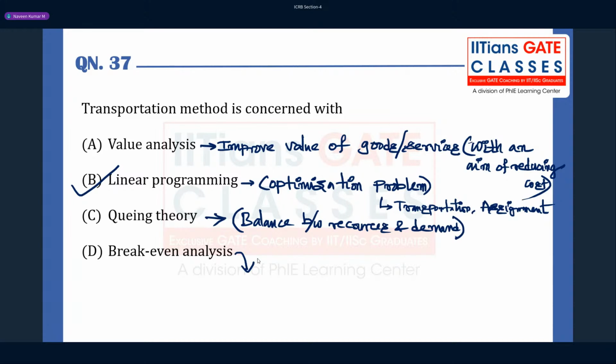Let's say you have invested some 50 lakh rupees in a business, and over a period of time you are getting returns, and after some time you got back whatever you have invested. When you have invested 50 lakhs and got 50 lakhs, then you say you have reached your break-even. After that point, whatever you're getting is profit. So this lets us know the profit or loss, or maybe both. Okay, good.